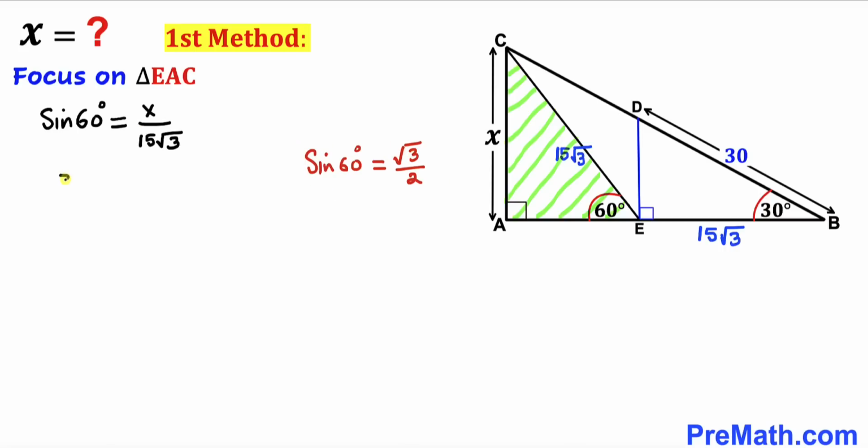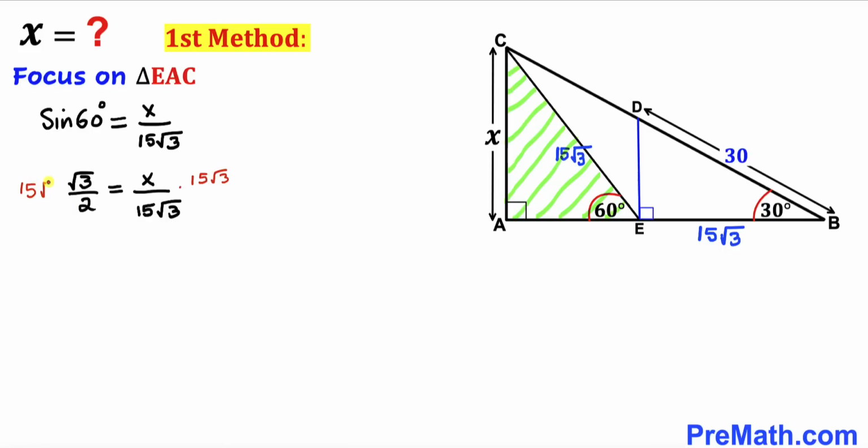Therefore, this could be written as square root of 3 divided by 2 equals x divided by 15 times square root of 3. Now let's multiply both sides by 15 times square root of 3 to isolate x.